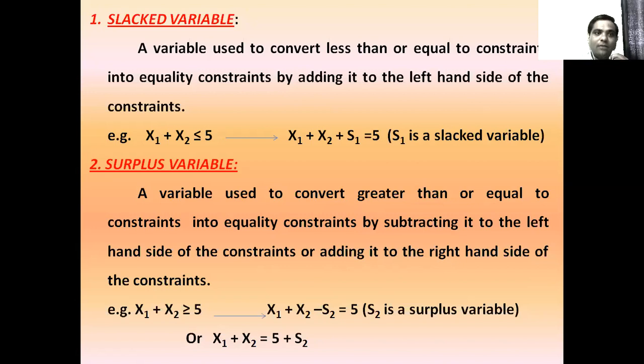Both variables can be used for converting inequalities into equality. If the constraint equations are less than or equal to, we use the slack variable, and when they are greater than or equal to, we use the surplus variable. Both variables are very important in linear programming for converting inequalities into equalities.